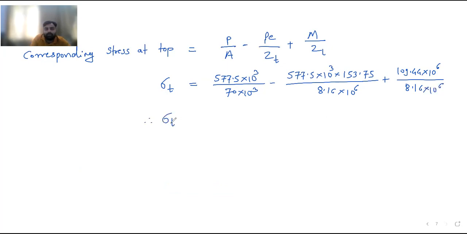Therefore, sigma T is equal to, first bracket will be same as previous, 8.25 minus, what is the answer for the second bracket?